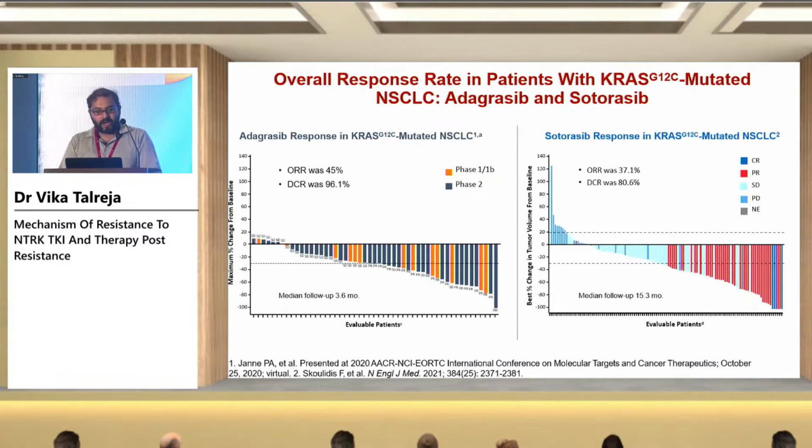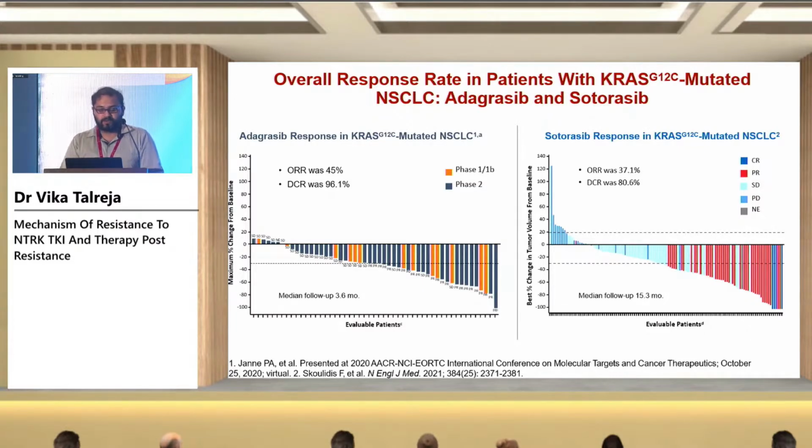And how is the response rate, as we could see in the phase 1 and phase 2 of the adagrasib trial, as well as in the sotorasib trial? You could see the overall response rate in adagrasib was 45% and in sotorasib it was 37.1%.